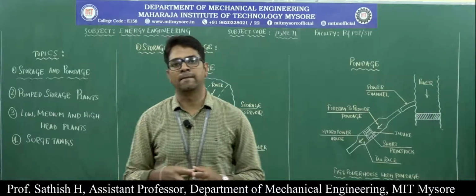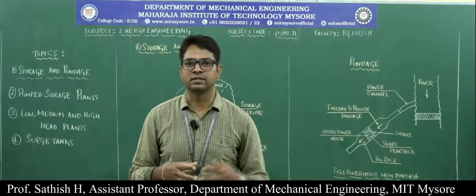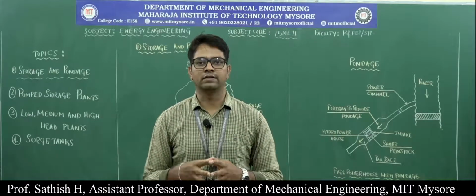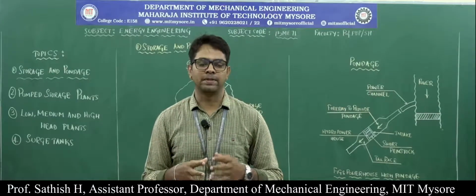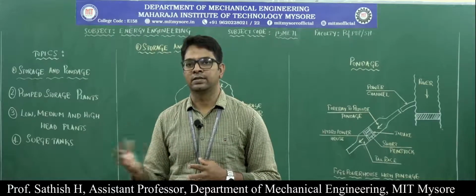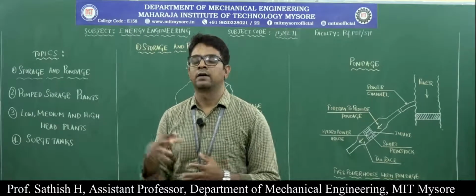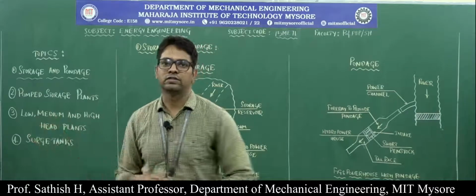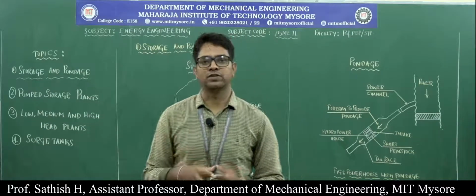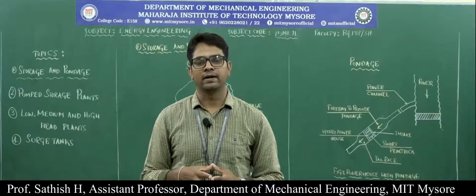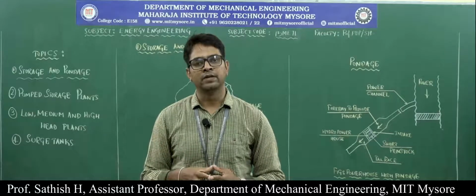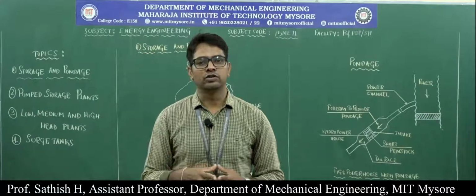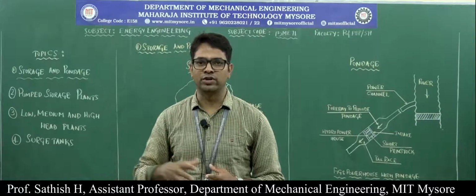In normal hydroelectric power plants, the water from the reservoir flows through the penstock and passes over the turbine, where the energy stored in the water is converted into electrical energy. Then it goes into the tail race and later joins the river.